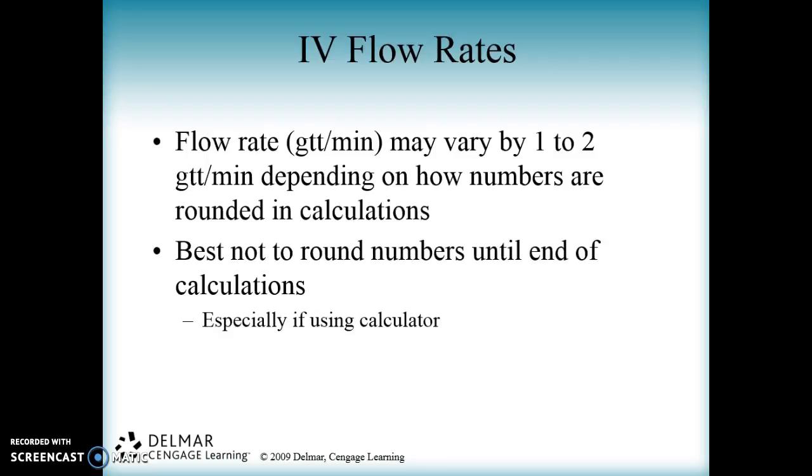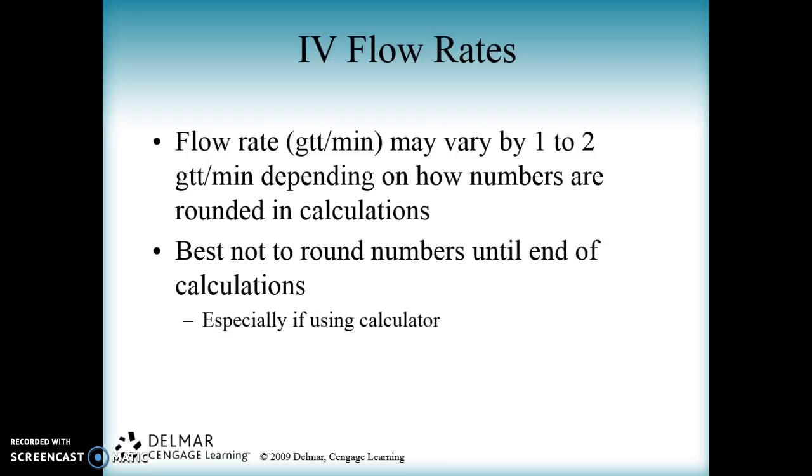Now, your book is going to show you a couple of different ways to do these problems: ratio and proportion, dimensional analysis, and finally the formula method. Honestly, the formula method, I think, is the easiest way to do it, so that's the one that I'm going to show you today.